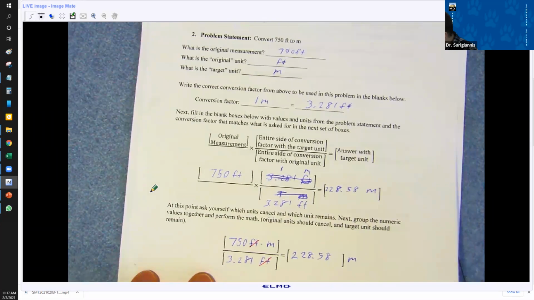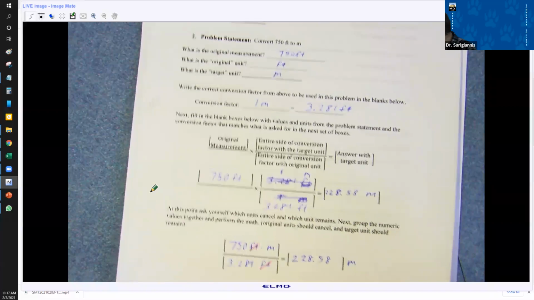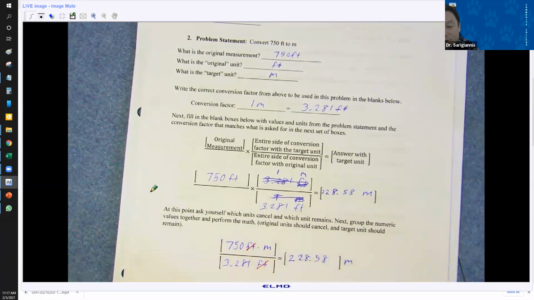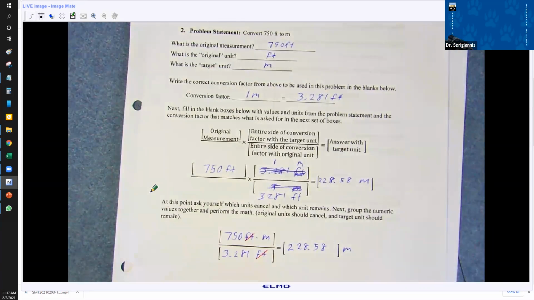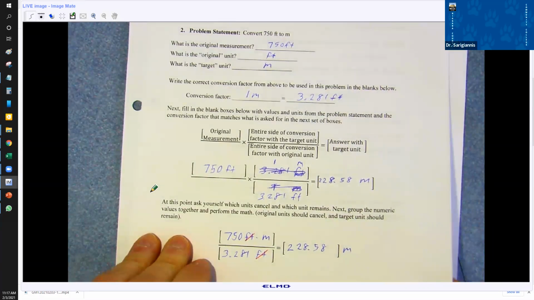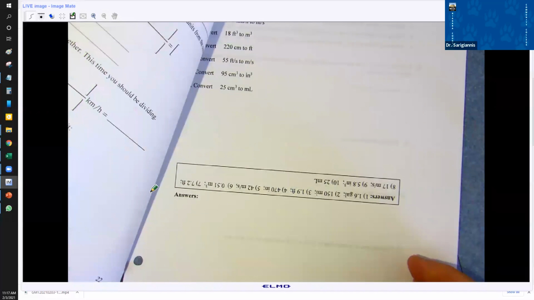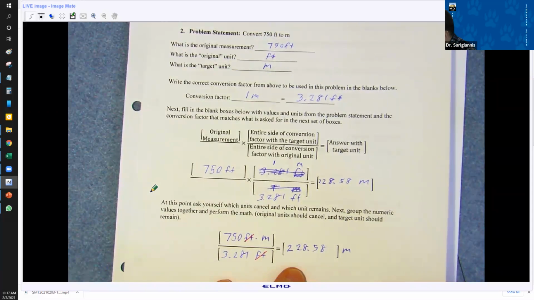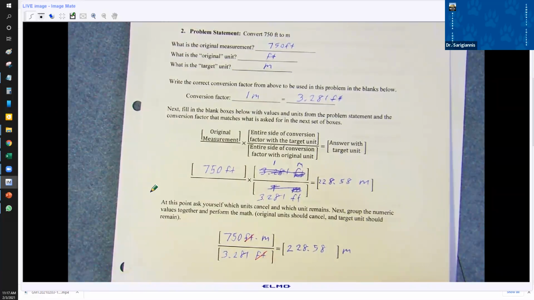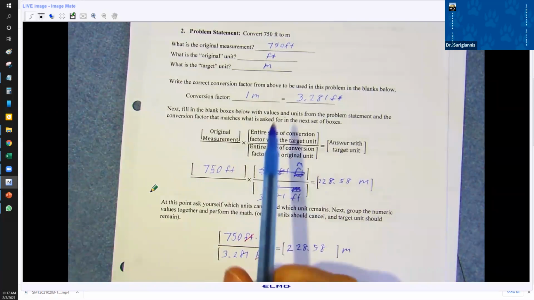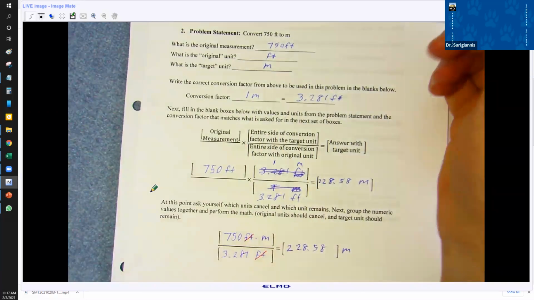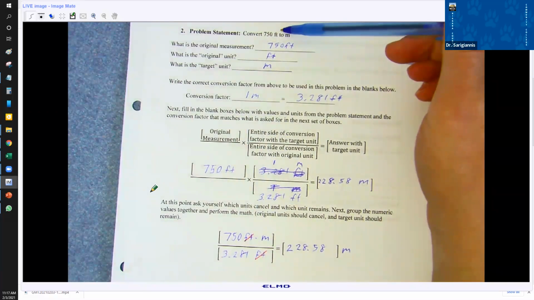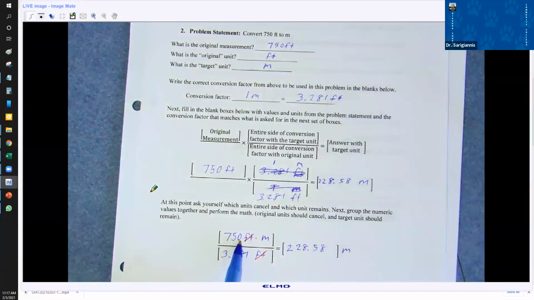Now, the next step is you've got this answer, so we have to look at the number of significant figures we have. In our original number, we have 750 feet, which is 2 significant figures.